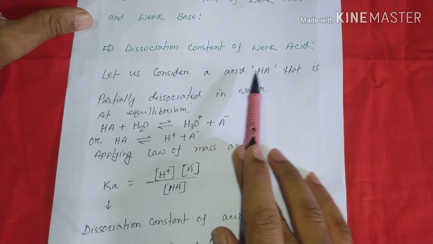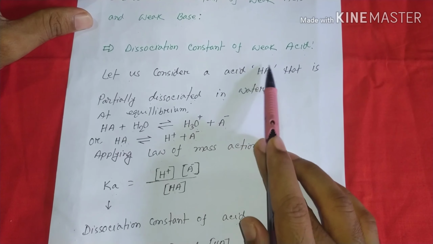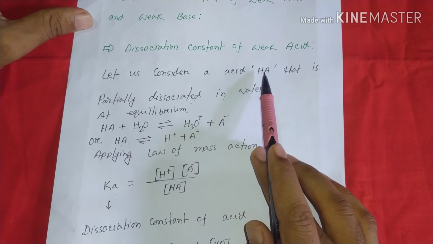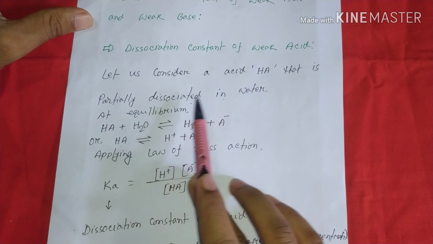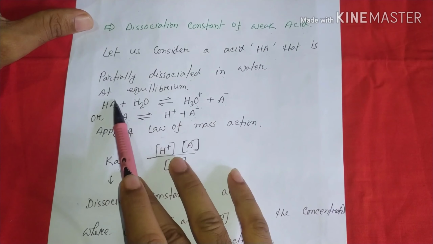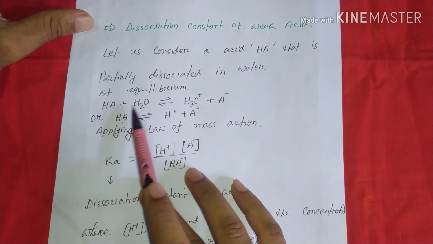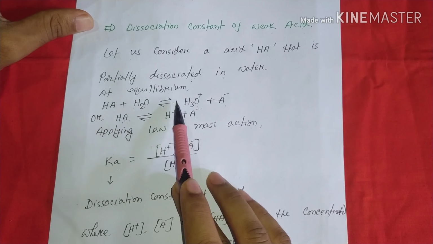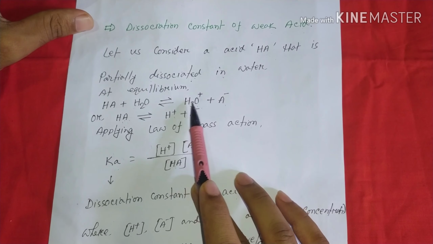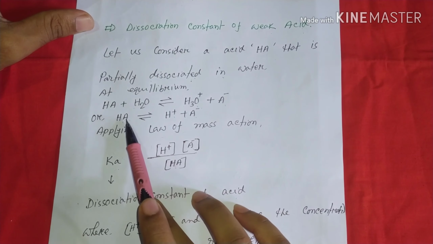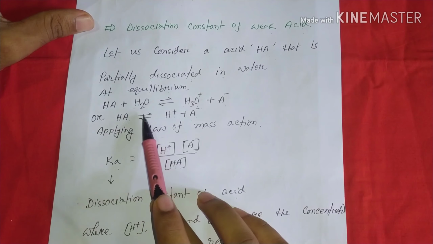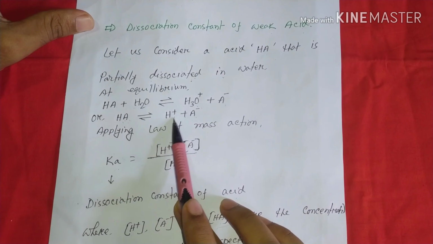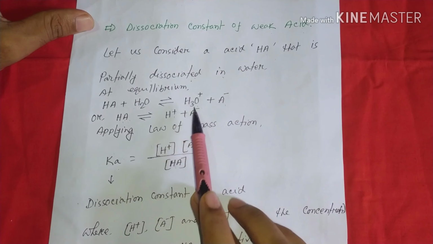Let us consider an acid, HA. Here HA denotes any type of weak acid like acetic acid, carbonic acid, that is partially dissociated in water. At equilibrium, you can write HA plus water dissociates to form hydronium ion plus anion, or you can write only acid, HA, dissociates to produce proton plus anion.